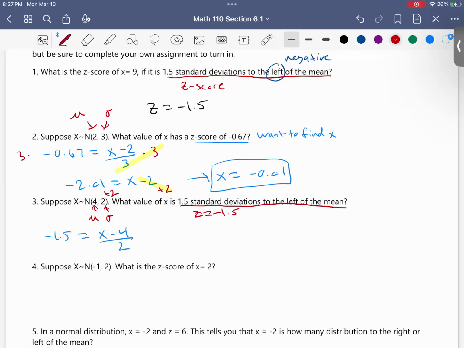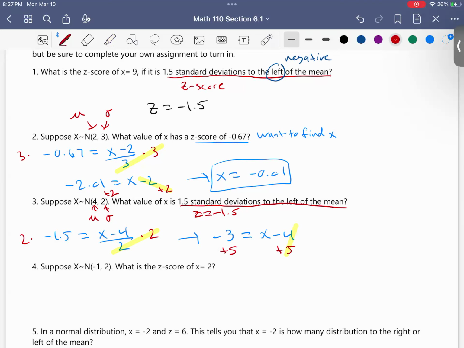So let's go ahead and solve for x. So I've got to multiply 2 to both sides. The 2's will cancel out and keep moving to the right. So this would be negative 3. 2 times negative 1.5 is negative 3. We get x minus 4. I want to get x by itself still, so I'm going to add 5 to both sides.